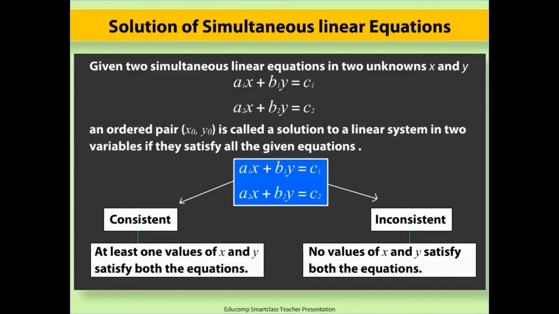Consistent: at least one pair of values of x and y satisfies both the equations. Inconsistent: no values of x and y satisfy both the equations.